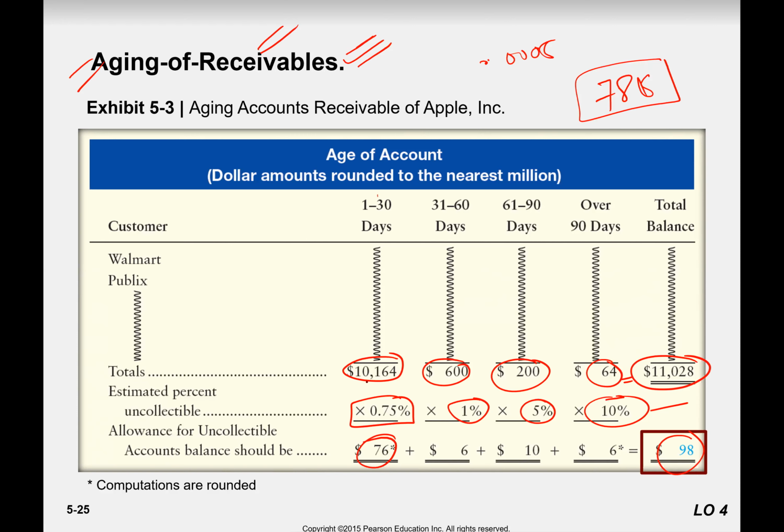We just multiply this with the amount that is going to be received in 30 days. So this is 75 point something. So we just round it, that is the rounded figure 76. 1% of 600 is 6, 5% of 200 is 10, 10% of 64 is 6.4, which rounded is 6. So now you understand where this 98 is coming from?